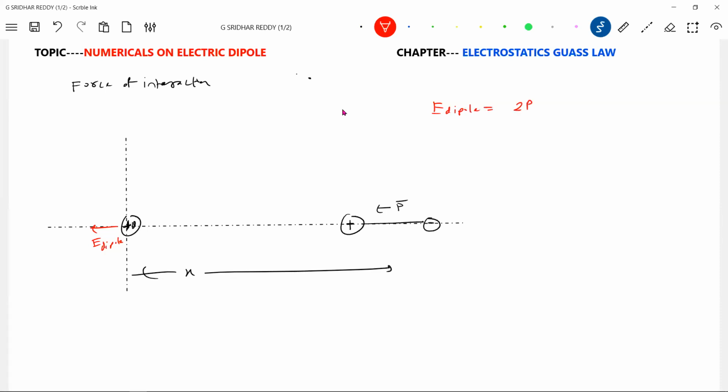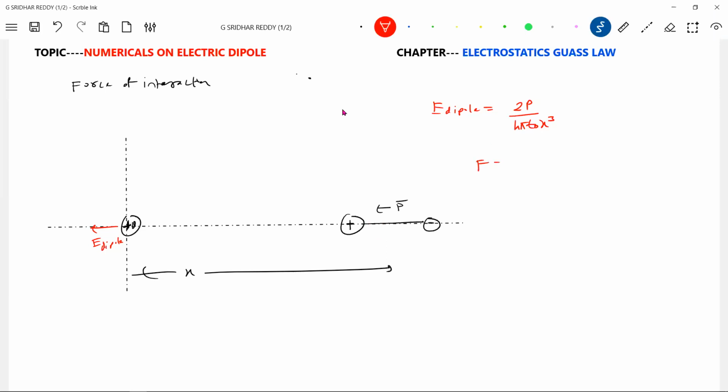That should be equal to 2p by 4 pi epsilon naught x cube. Can you remember? The electric field on the axis of a dipole should be 2p by 4 pi epsilon naught x cube. On the bisector, this 2 will not be there. Am I right? And on the axis, in what direction will the electric field be? In the direction of the dipole moment.